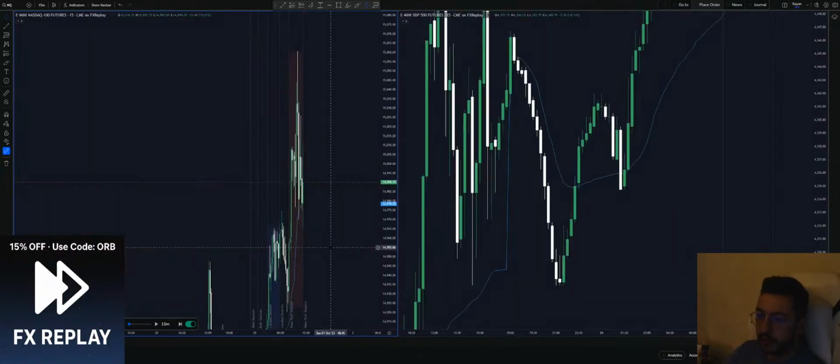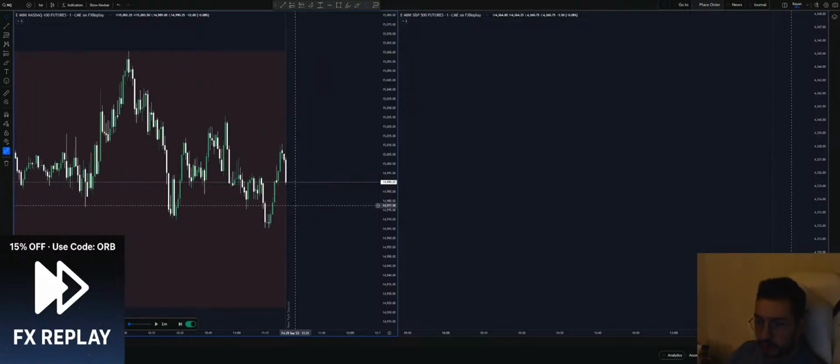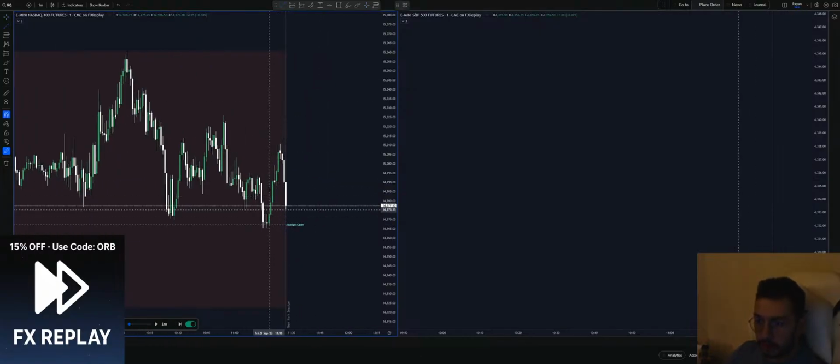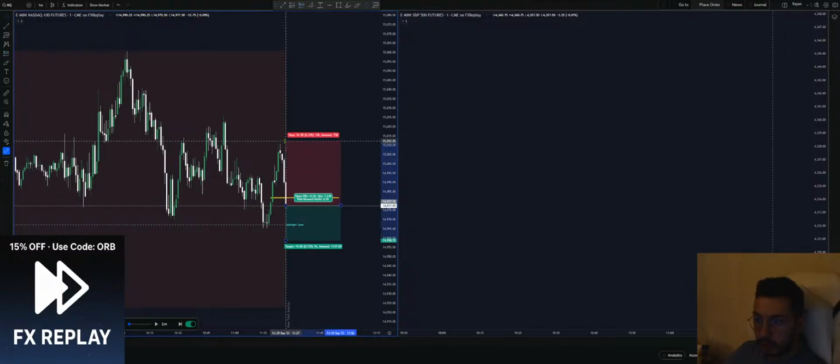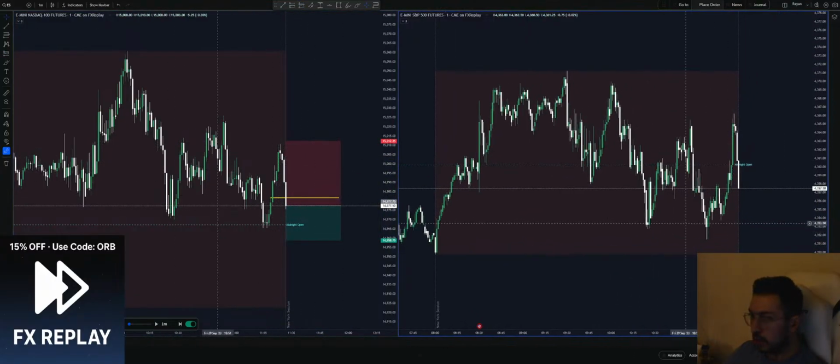My orb is gone again, man. But that was the entry here. This candle. I'm not gonna do it again. Just the entry. Stop loss is here. And we do have a really clean, nice SMT. Very clean SMT. Right there.